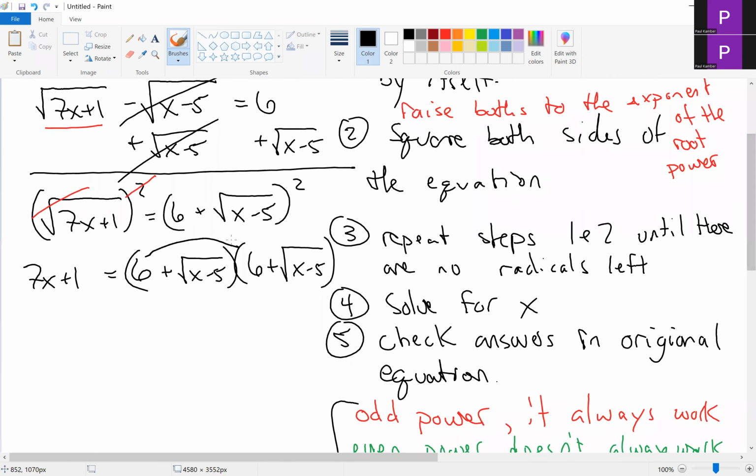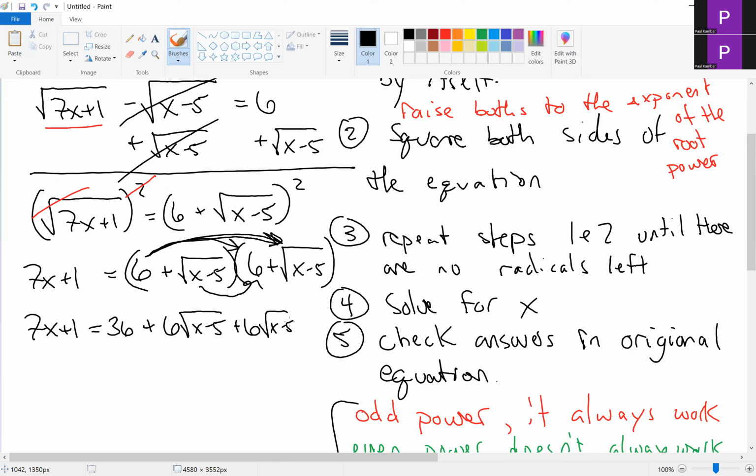So we're going to have 6 times 6, and we're going to have 6 times the square root of x minus 5. So the 7x plus 1, right? That's along for the ride. 6 times 6 is 36. And then plus 6 times the square root of x minus 5. And then the next one is the square root of x minus 5 times 6, which is 6 times the square root of x minus 5.